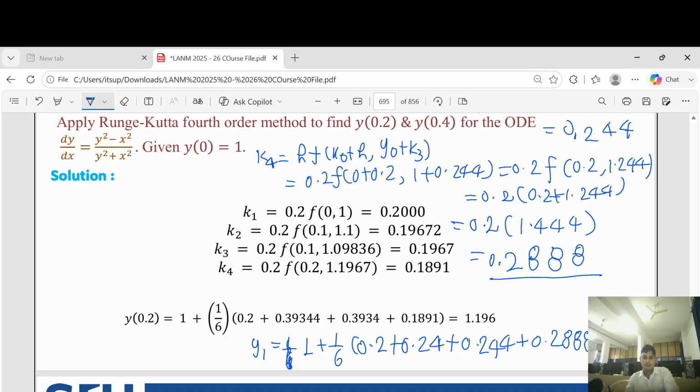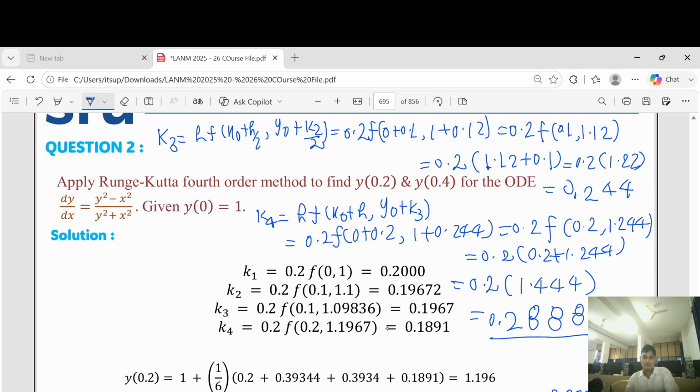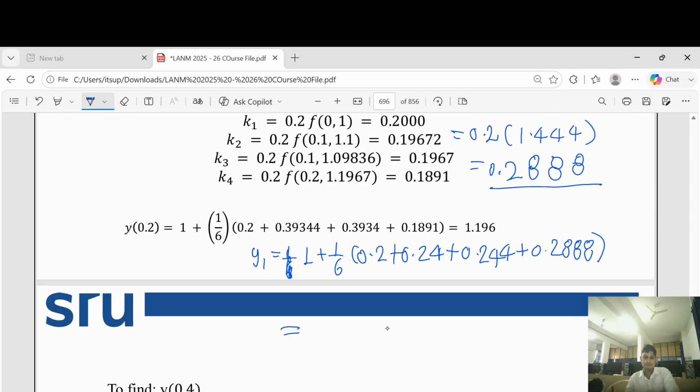If we solve this, we get the answer 1.2468. So this is the overall procedure for the Runge Kutta method of fourth order, and this is the first iteration.